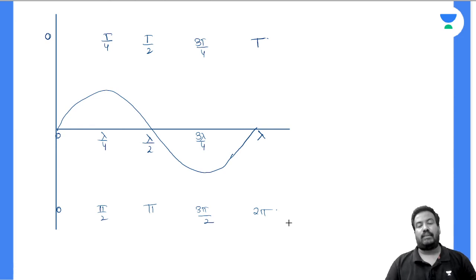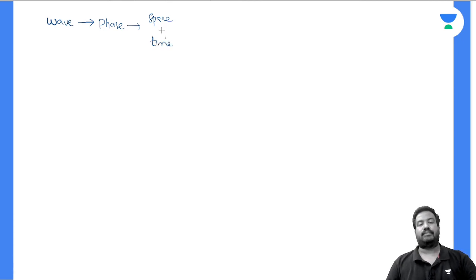And a wave is one which changes its phase with respect to both space and time. A wave is one which changes its phase with respect to space and time.